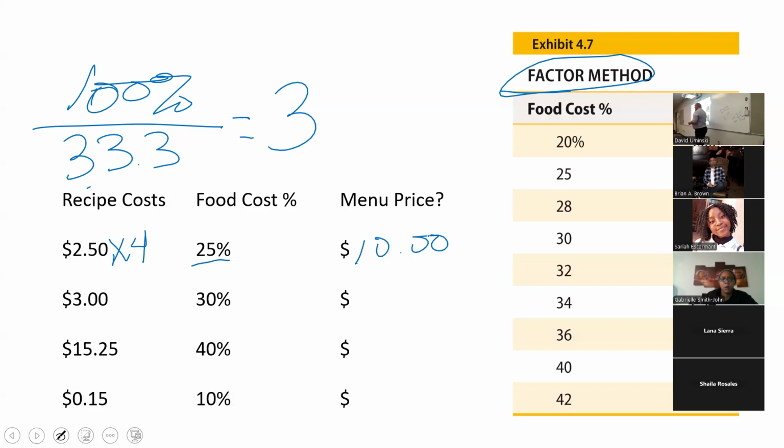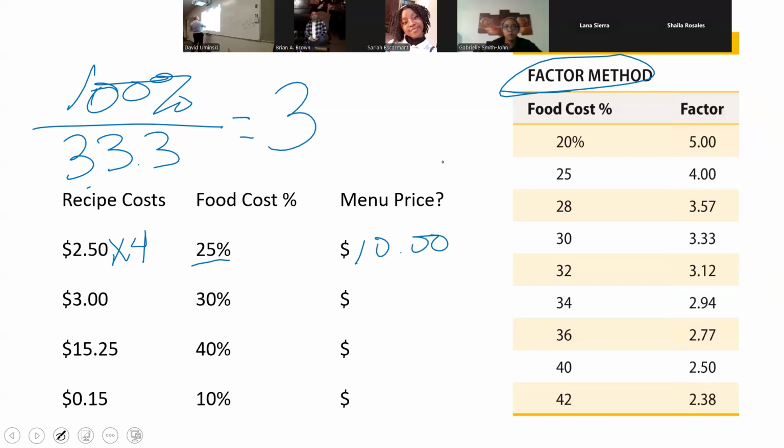Now I could do my triangle and I could put 250 on top and divide by 0.25, but how much easier is it just to multiply by 4? So the factor method is really easy when you've got these nice even numbers, okay? 30%. If we look at the chart right over here, 30%, our factor is 3.33.